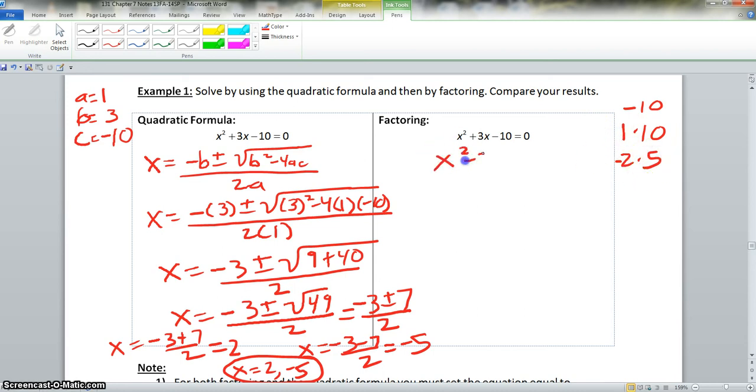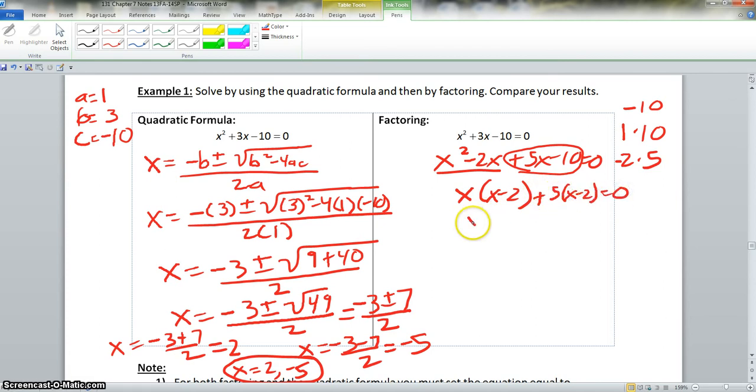So we have x squared minus 2x plus 5x minus 10 equals 0. We group the first two and factor out an x, and we have x minus 2. We group the second two values, factor out a positive 5, and we have x minus 2. So we have x plus 5 in one parenthesis and x minus 2 in the other.